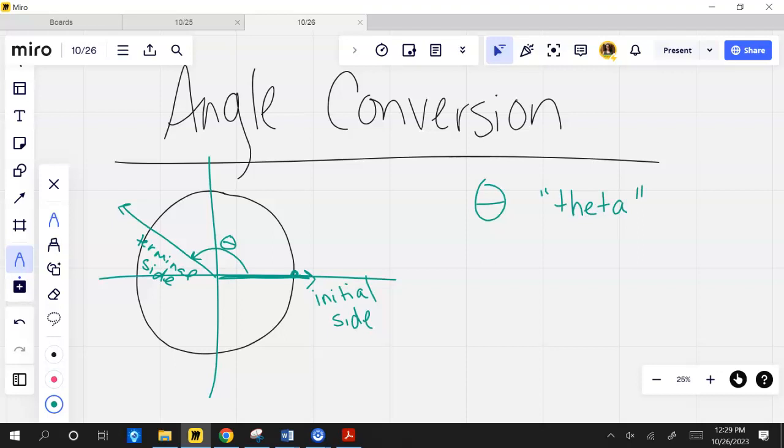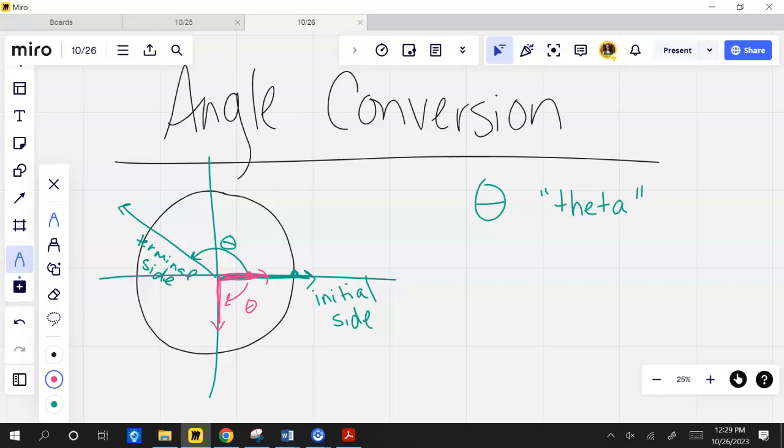I can go forwards that way, which would be counterclockwise. That would give me a positive theta. I could go the other way. That's exactly right. Starting here, again, my initial side is the x-axis, and coming this way, my theta here would be negative.